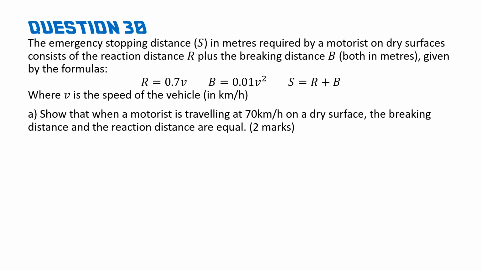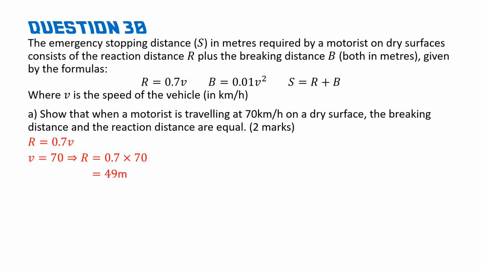So we want to show that when a motorist is traveling at 70 kilometers per hour on a dry surface, the braking distance and the reaction distance are going to be equal. Now there's a couple of ways that we can work this one out. First thing we know is that R is 0.7 V, that's given to us. When we're traveling at 70 kilometers per hour, we substitute in V equals 70, so we get 0.7 times 70, and that's 49 meters.